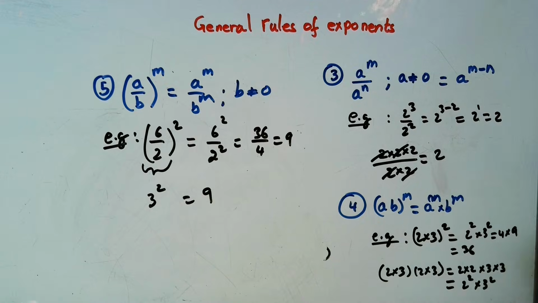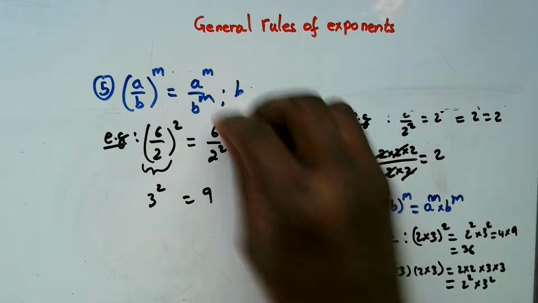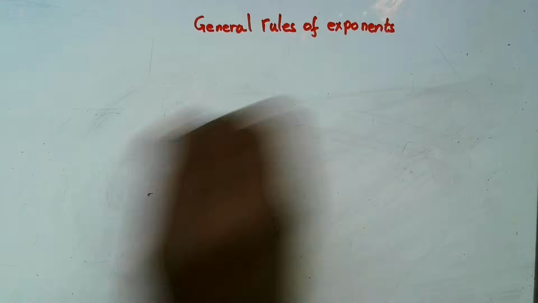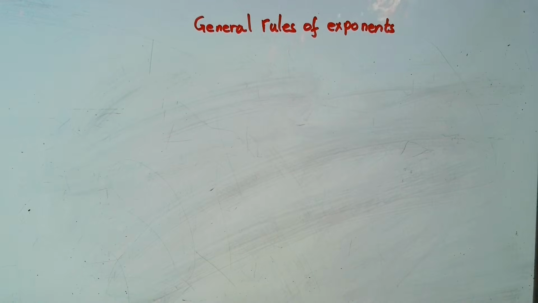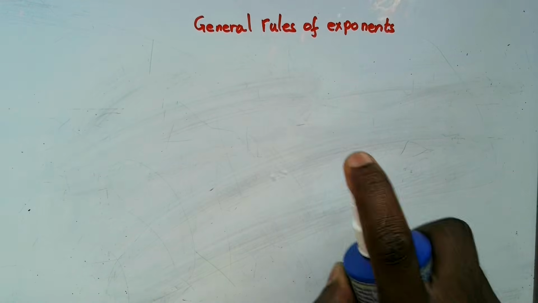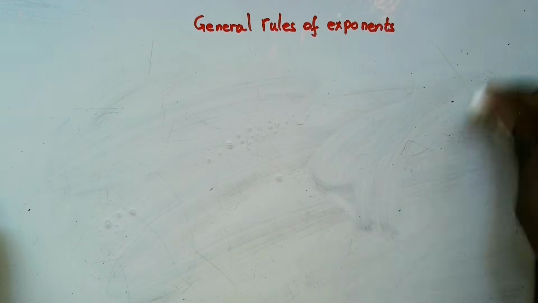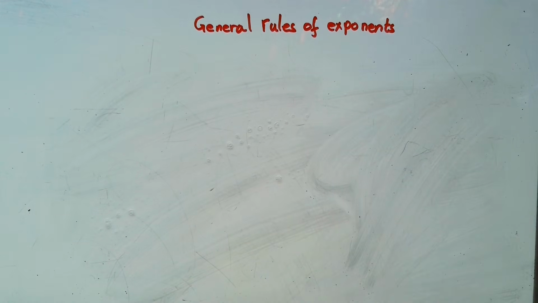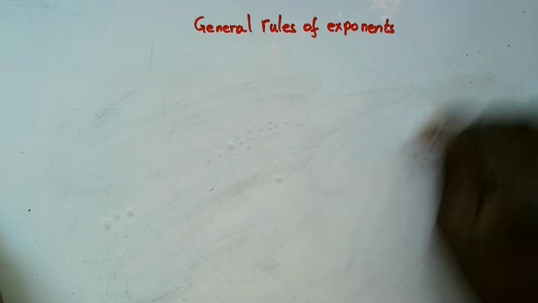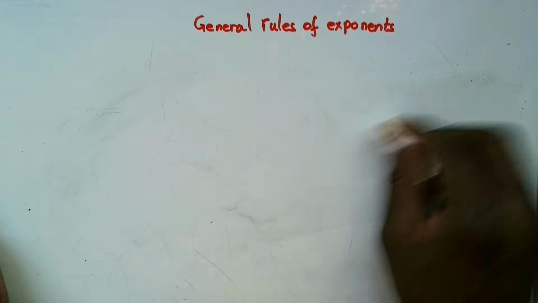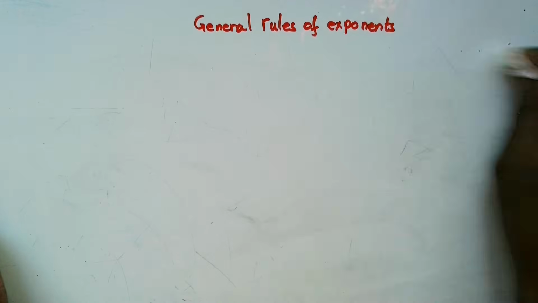Now we can make, therefore, our summary, and this is a little bit messy here, sorry about that. I'm going to try to clean it up a bit and then give the final rules.